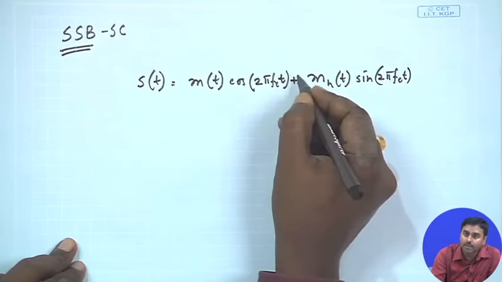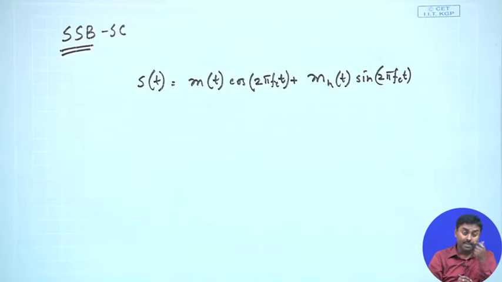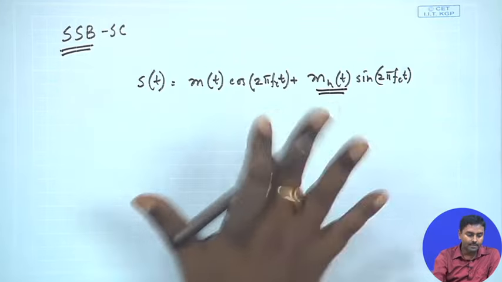This can be plus or minus depending on whether we are transmitting the upper sideband or lower sideband. And m_h(t) is something we know already, it is the Hilbert transform of our signal.